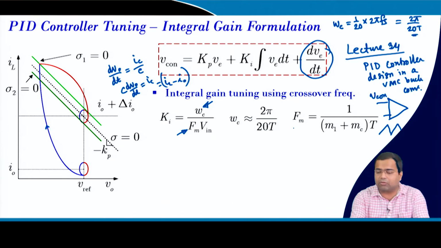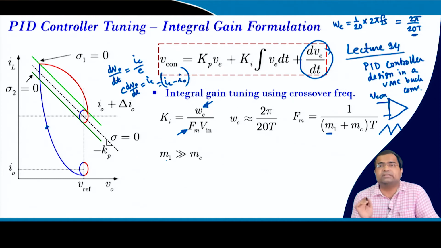So, our modulator gain will be 1 by the M1 slope, that is the rising slope, plus the compensating ramp Md into T. But since M1 we are taking a very small slope, and I will show in our simulation case study, the M1 is very large.